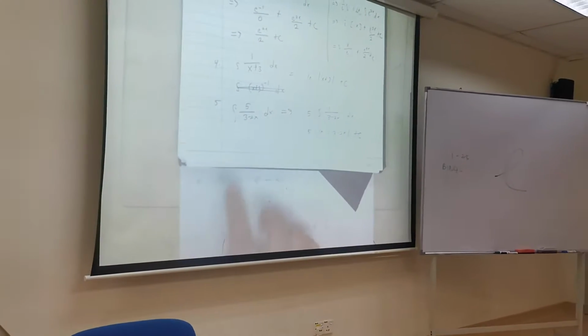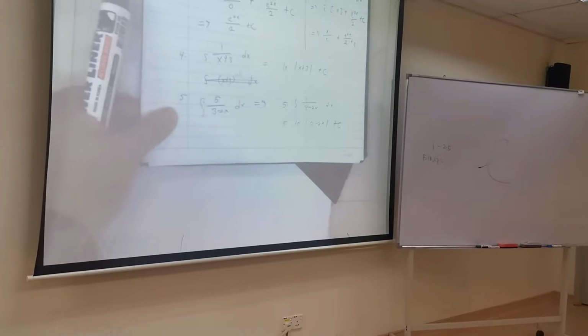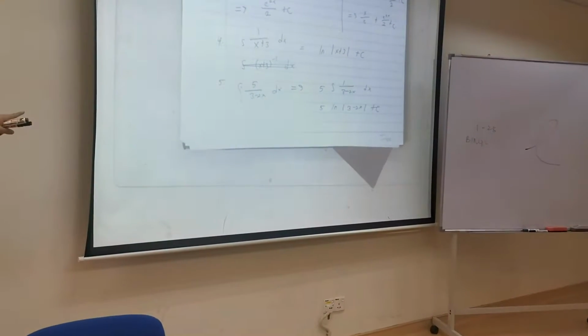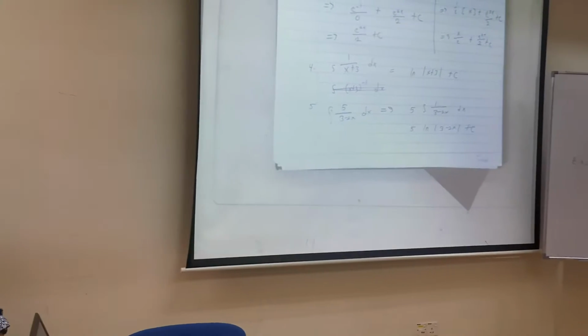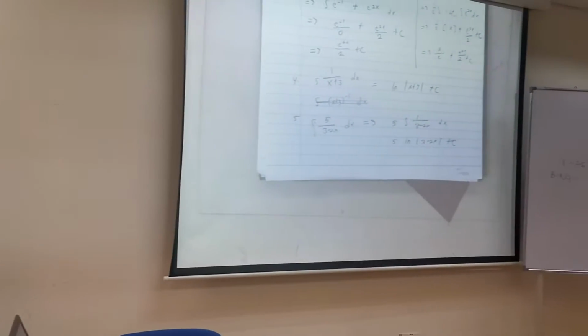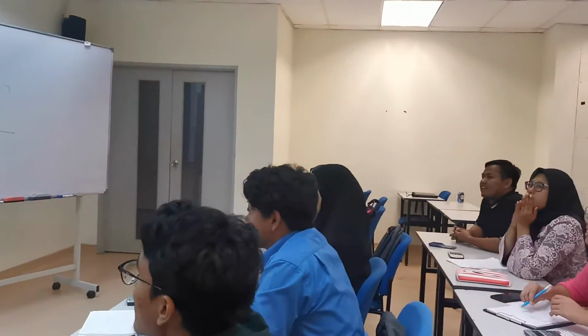So here, can you see that? Really messy writing. Five, so messy. I'm so sorry. Can you see that? When 5 is a constant, we take it out.